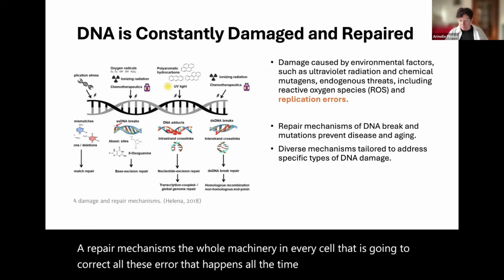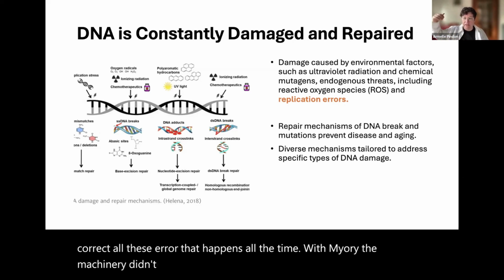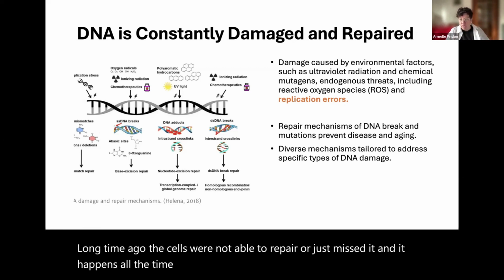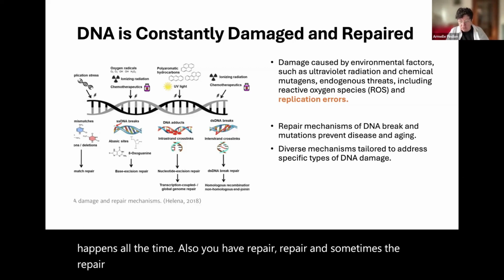With Myhre, the machinery didn't work when it happened. When the error happened, a long time ago, the cells were not able to repair it or just missed it. And it happens all the time also. You have repair, and sometimes the repair misses.